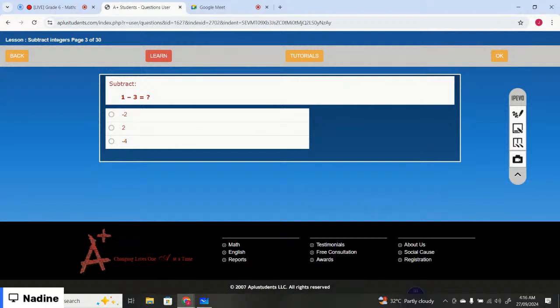1 minus 3, which is the correct option? That is 1 minus 3 is negative 2. Option number 1 is the correct option.